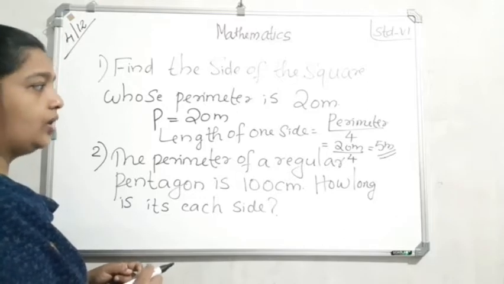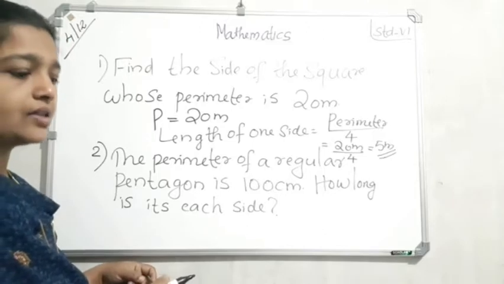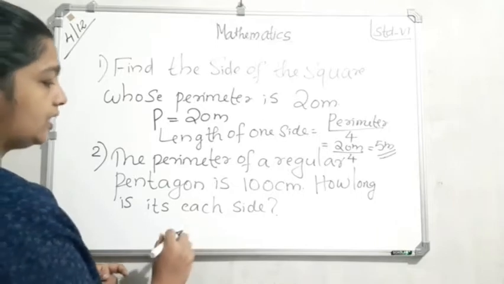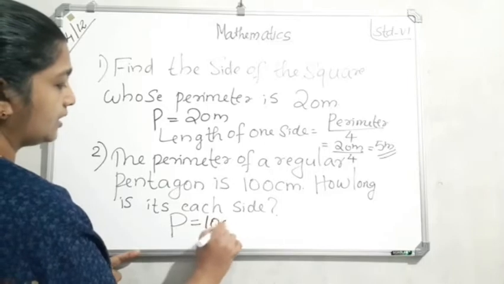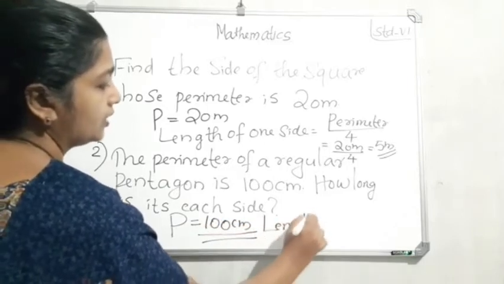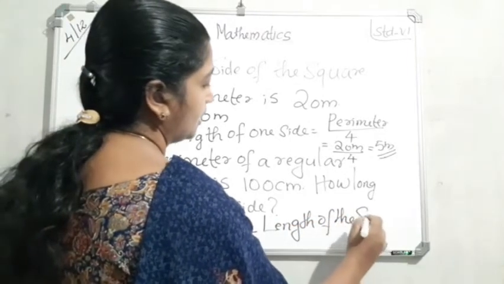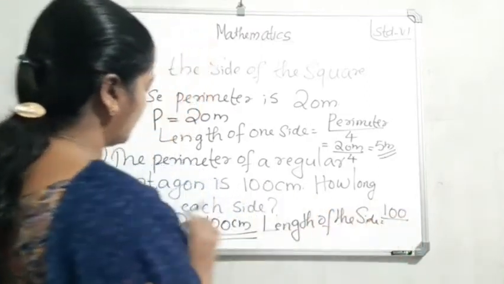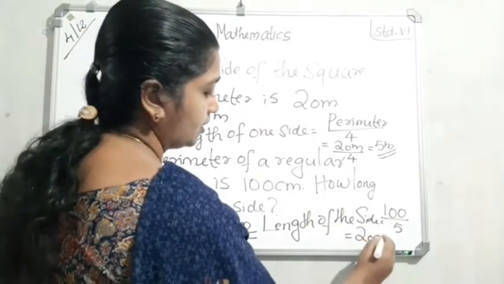Here also we studied the perimeter of a regular pentagon. Pentagon means 5 sides, so perimeter equals 5 into length of one side. Here perimeter equals 100 centimeter. Then length of the side equals 100 divided by 5, that equals 20 centimeter.